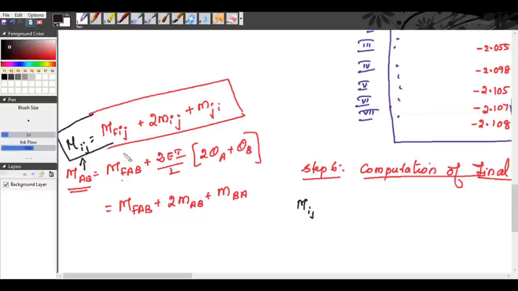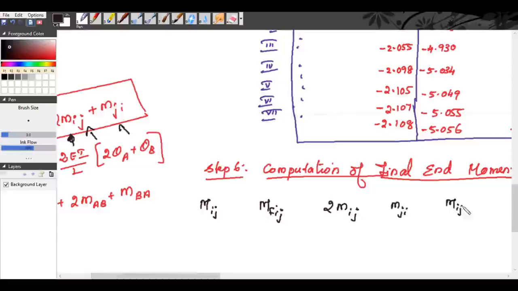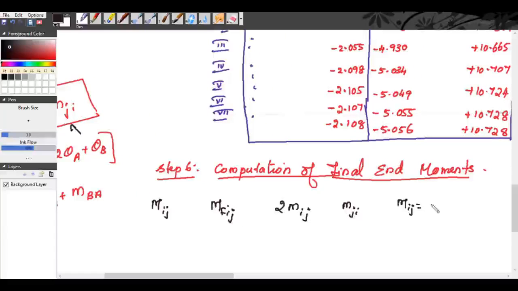So, we write MIJ first, then MFIJ, then 2mIJ, and finally mJI. So MIJ is equal to MFIJ plus 2mIJ plus mJI.